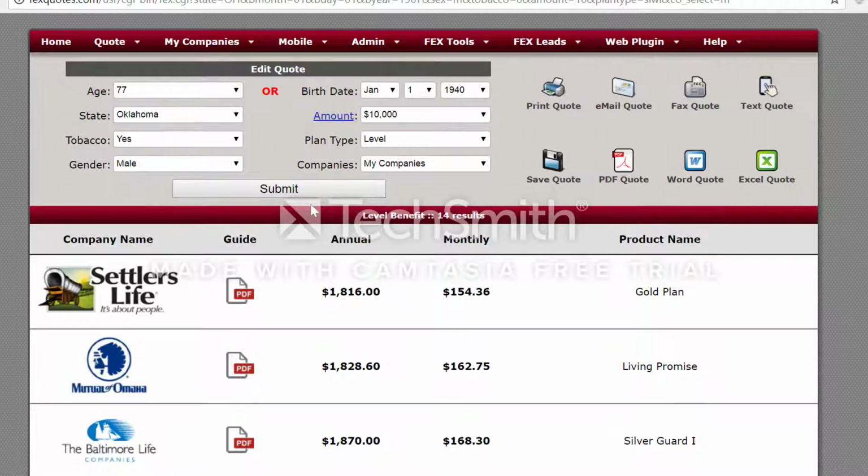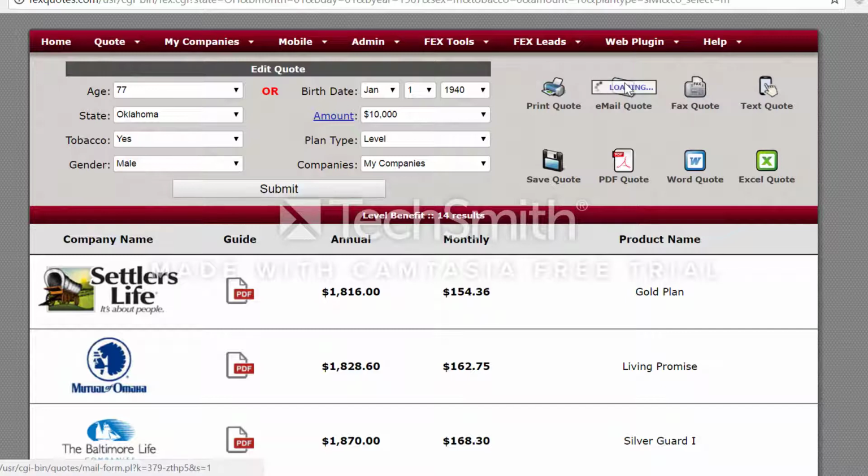Now let's say that you did this quote and they said, well, can you just send that to me or whatever. You've got different options over here. You can actually text the quote to them. You can save this as a PDF and then put it in your own email. I would do that. Or you can email the quote straight from here.